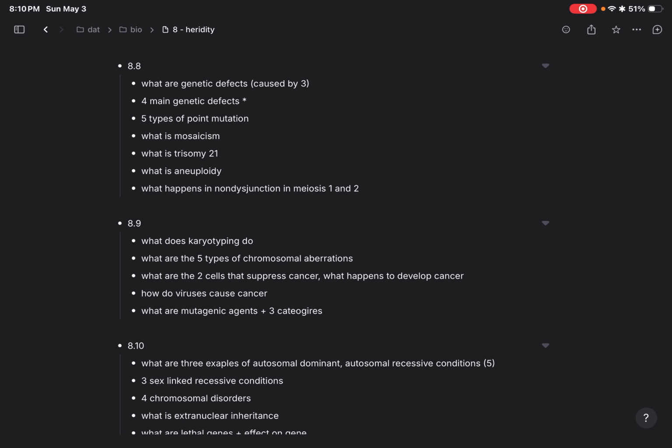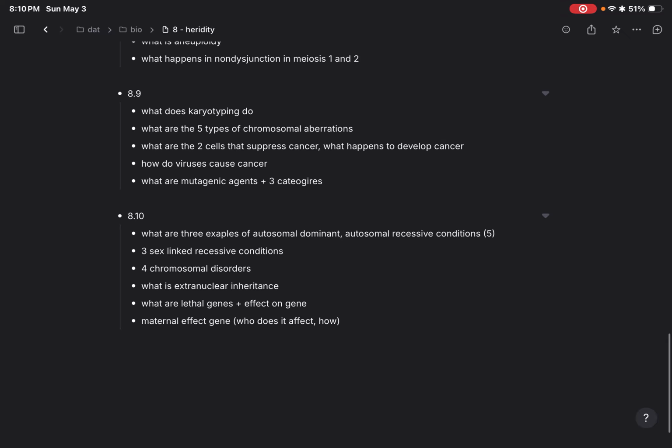What happens to non-disjunction in meiosis 1 and meiosis 2? This is a good question. In meiosis 1, the issue will happen when the homologous chromosomes are split. So you're going to have more chromosomes on the left than the right, or the other way around.